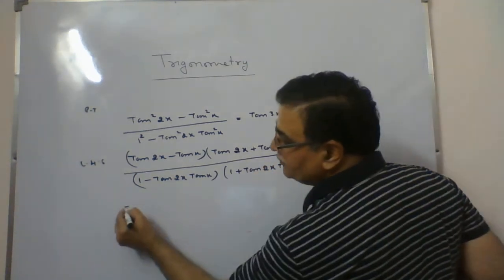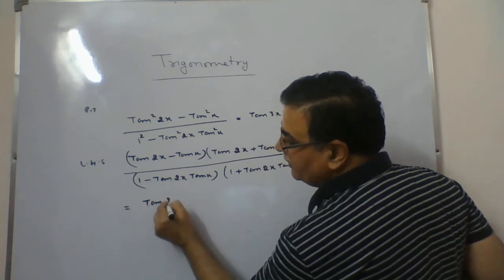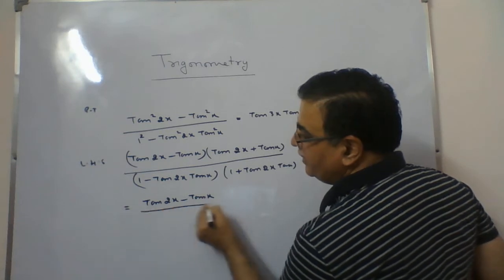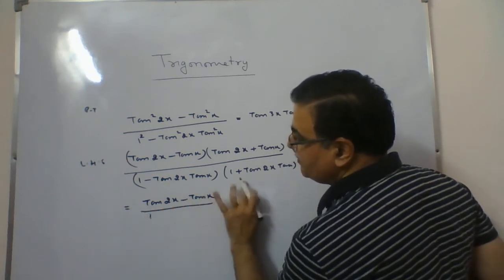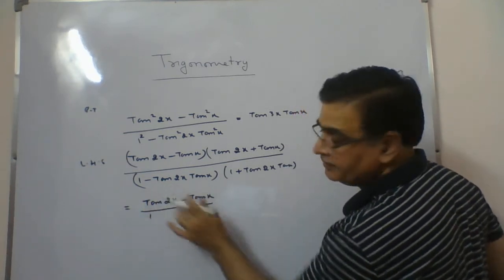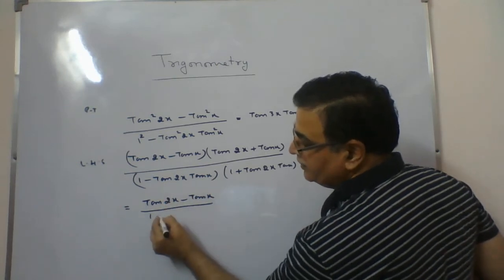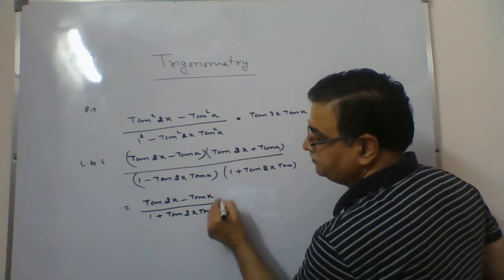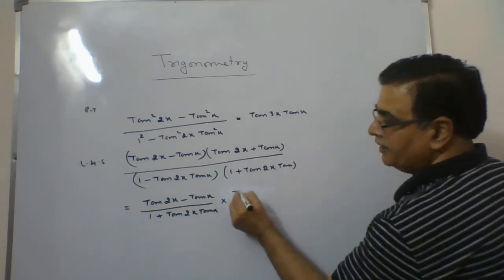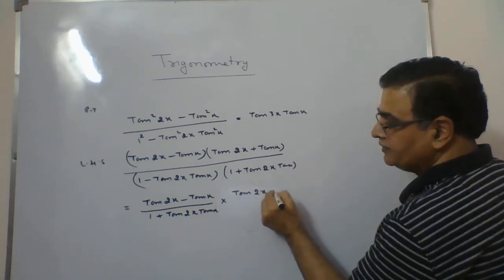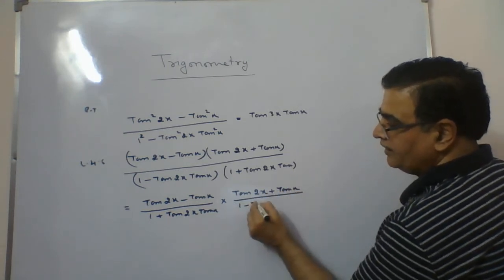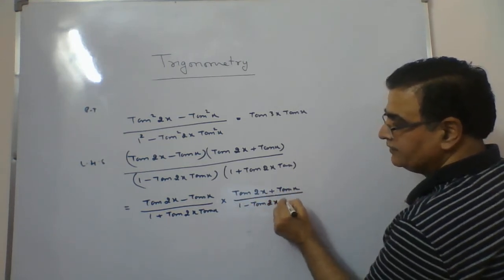Now only the thing is, if we adjust the terms, we will get your answer. 2x minus tan x is there, and below this I'll write this because of the multiplication, so I can shift this and this, we can interchange it. So 1 plus tan 2x tan x into, here it will come out to be tan 2x plus tan x divided by 1 minus tan 2x tan x.